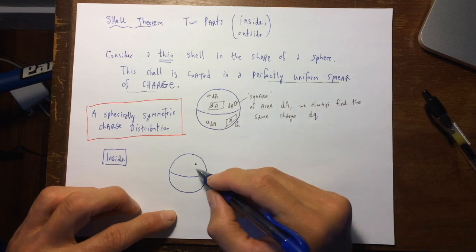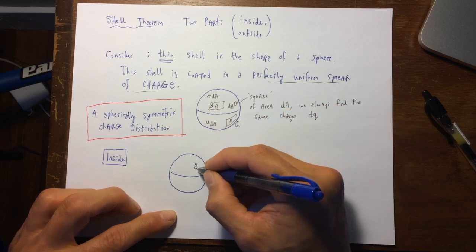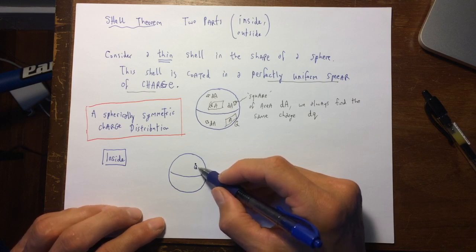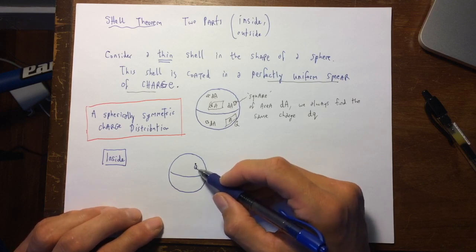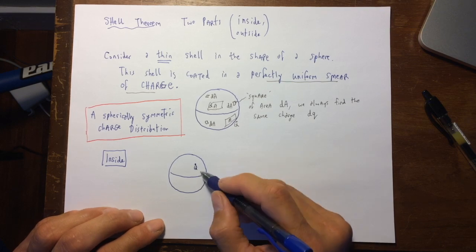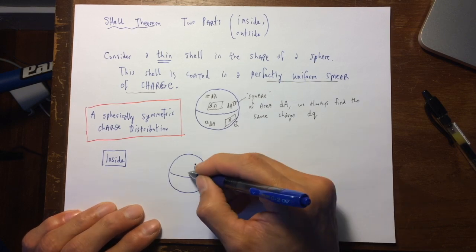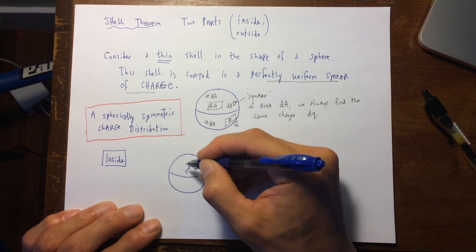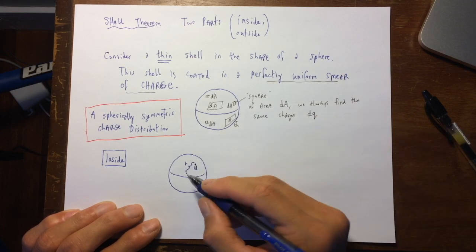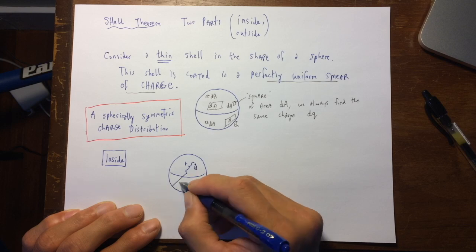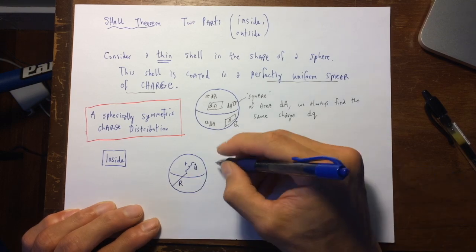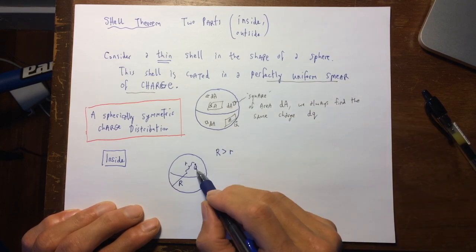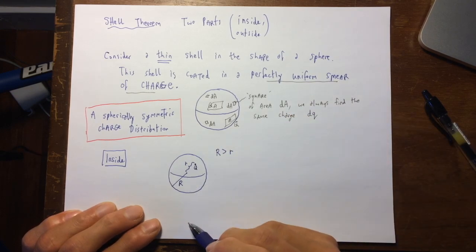So this right here is a charge Q, and Q could be positive or negative. It could be a lot of charge or a little bit of charge. But the point is Q, let's say, is a distance r from the center of our sphere, when our sphere has radius capital R, where the radius of the sphere is bigger than the distance of the charge Q from the center of the sphere.